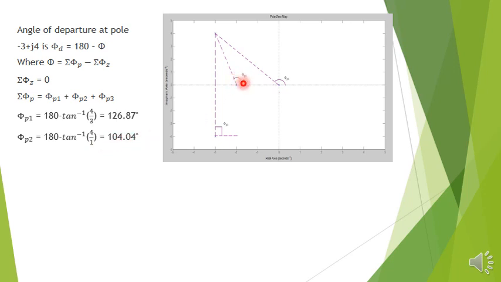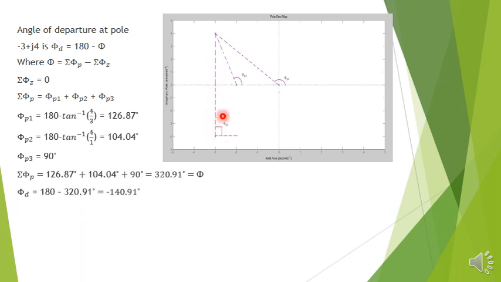Phi p3 is perpendicular because it lies on the same line of axis, so this angle is 90 degrees. So total phi p, which is equal to phi p1 plus phi p2 plus phi p3, the sum of all these three, is 320.91. As phi z is equal to 0, sigma phi p itself is phi.